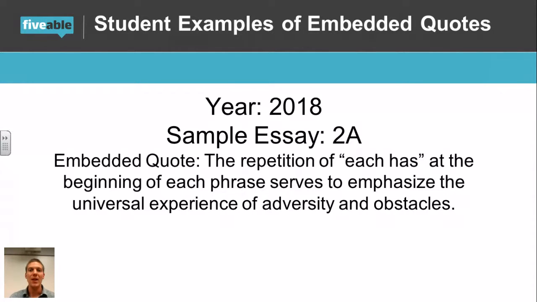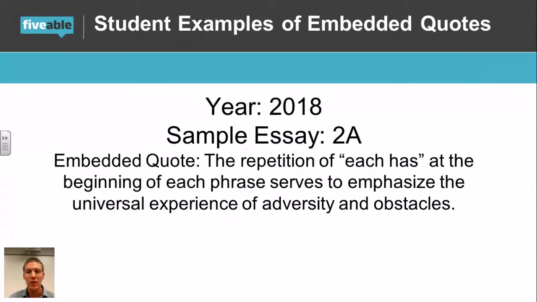That's great. Again, this student naturally is doing this without having rules to prescribe to. Each has are the only 2 words that we're quoting, but the analysis is going to be opened up. Now it's repetition, so we know if it's something that's been happening over and over again, it's probably worth talking about. So this is a good job from this student of recognizing what's worth talking about here.